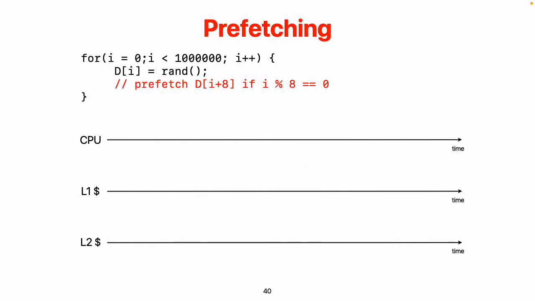Okay. So what if I do this? Every time I have a miss, in addition to the one that I'm requesting, I also fetch the next one. Because based on the behavior of the code, it's very likely that would happen. Agree?